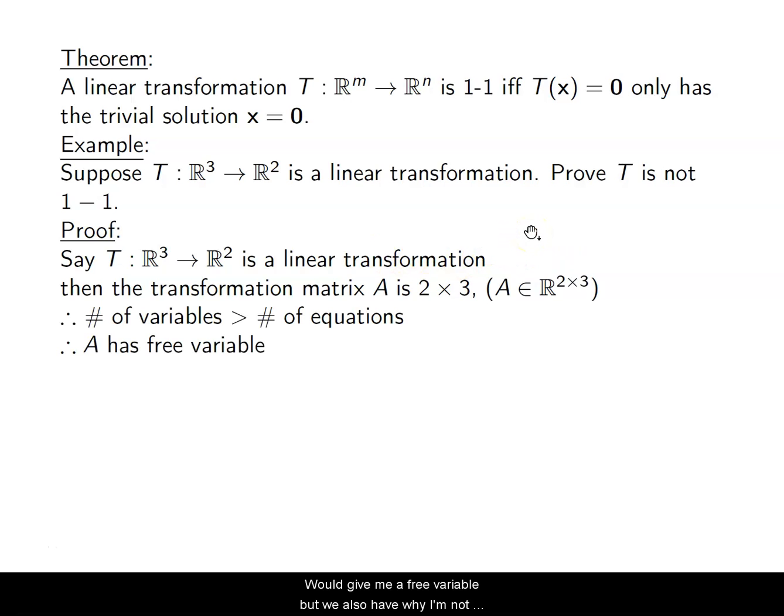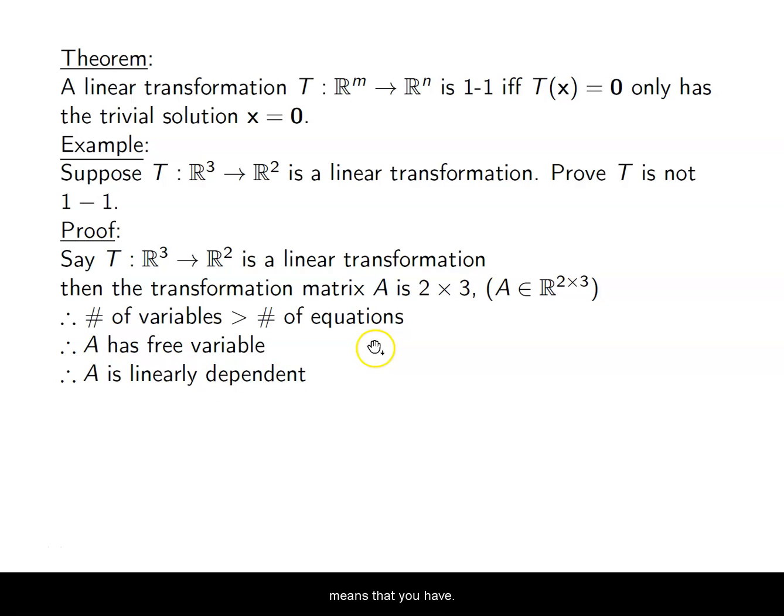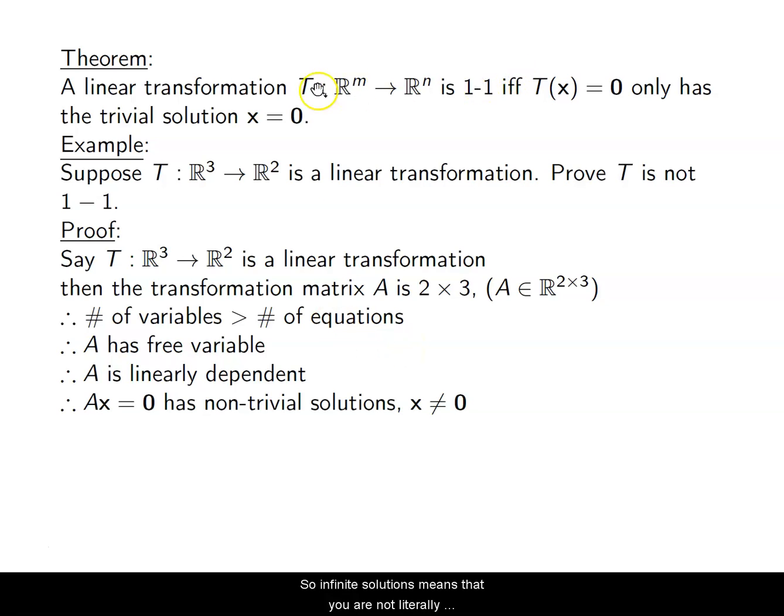I'm not doing the actual math, but we do have a theorem that we talked about in chapter 2, where the number of variables being more than the number of equations means that you're going to have a free variable, i.e. you are linearly dependent, right? And linearly dependent means that you have infinite solutions, okay? So infinite solutions means that you are not linearly independent, which is why I said go back and look at the definition of linear independence. And so that's basically how we prove this one, by using the concepts that we've developed so far, okay?